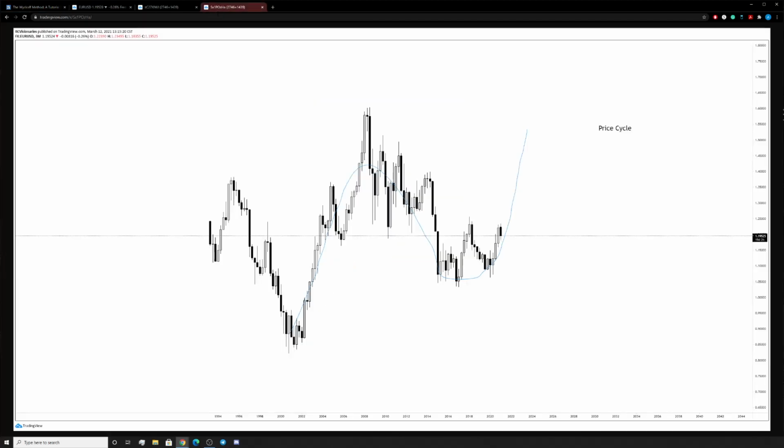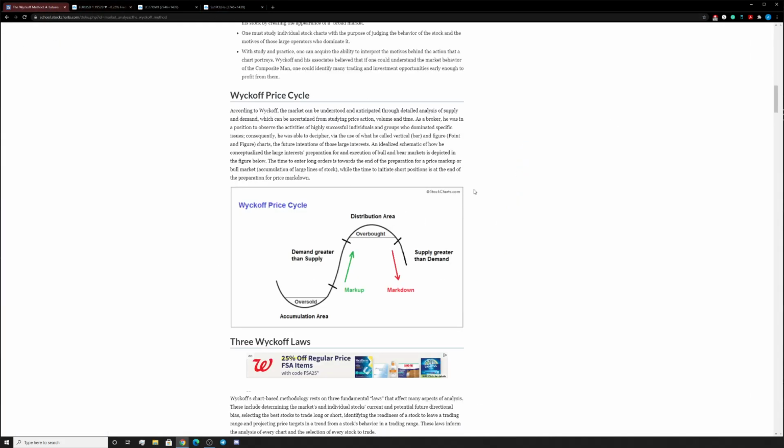For example, with Euro USD, from an overall perspective, this is a 3-month chart. The price cycle, as you can see, accumulation, distribution, and you could even say accumulation again, so that we can then distribute again. So for the most part, you do see that upwards, downwards, upwards movement presented here, where accumulation, oversold, then creates a markup.